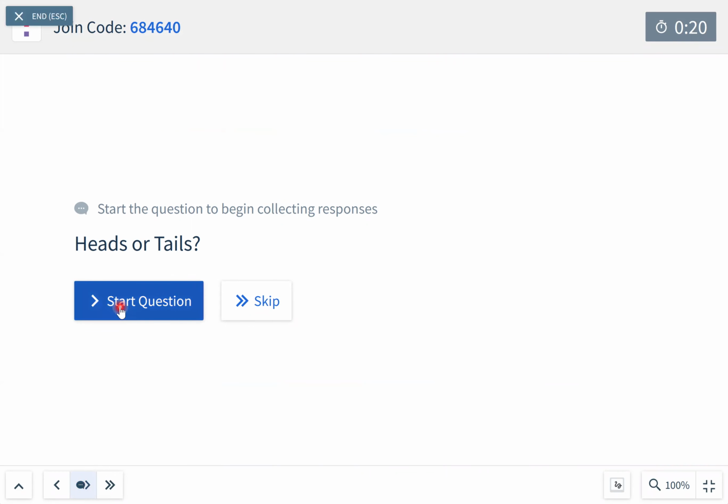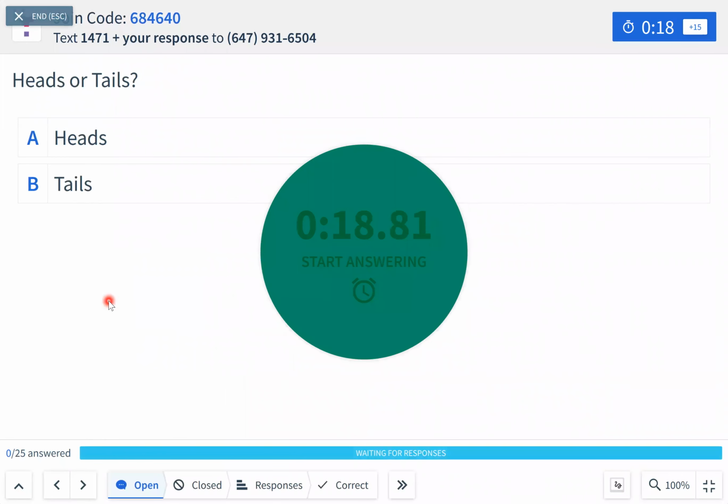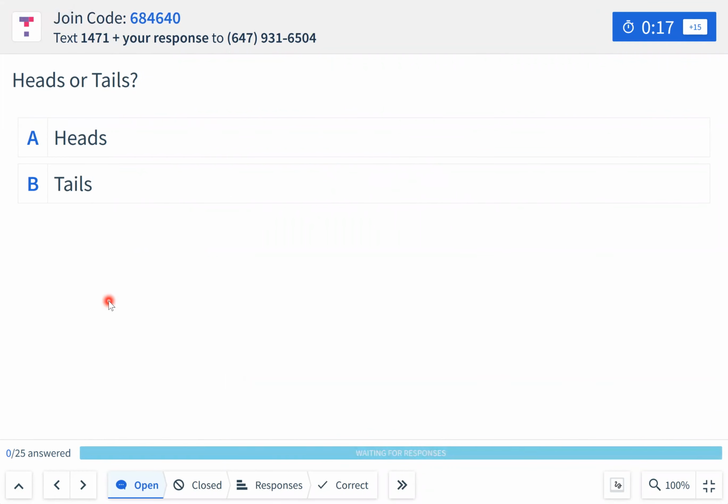So this is a simple little test. I flipped a coin. Did I flip a head or did I flip a tail? I can't remember what it was off the top of my head because I did this the other day.